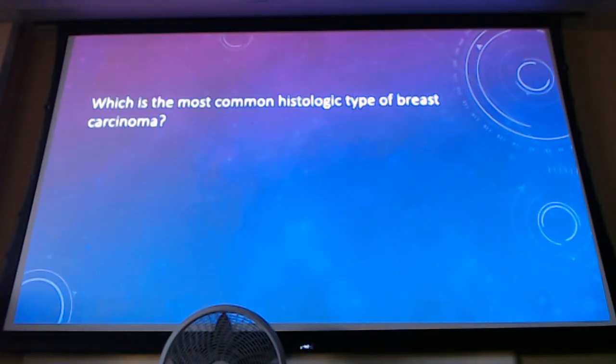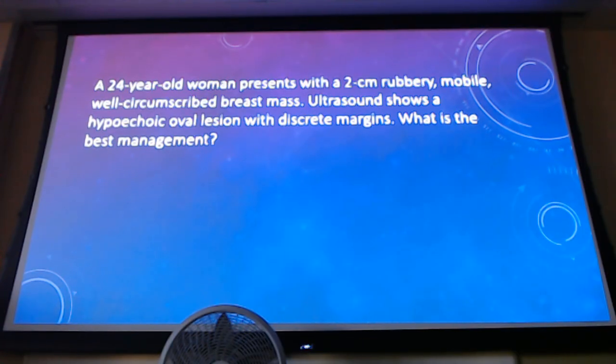Which is the most common histological type of breast carcinomas? Ductal. Good. What's the other type? Lobular. Good. A 24-year-old woman presents with a 2-centimeter rubbery, mobile, well-circumscribed breast mass. Ultrasound shows a hypoechoic oval lesion with discrete margins. What's the best management? Observe.